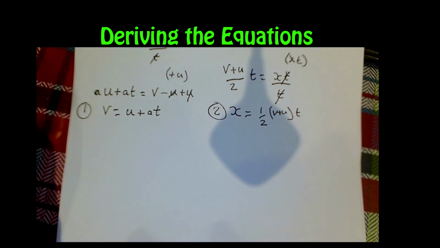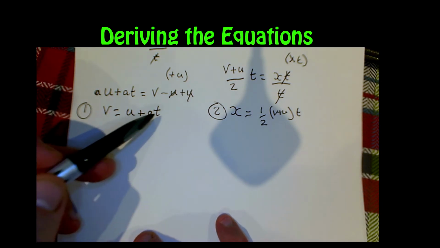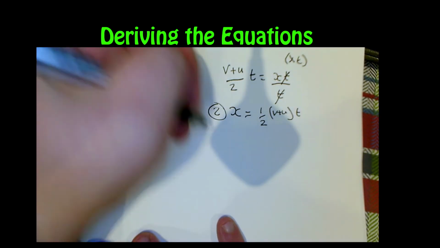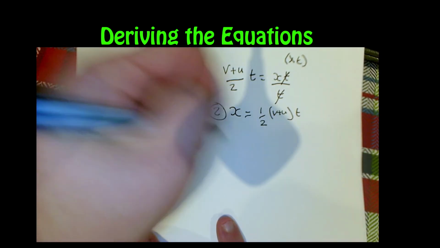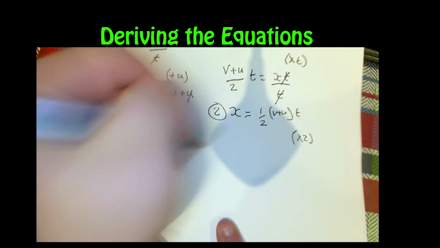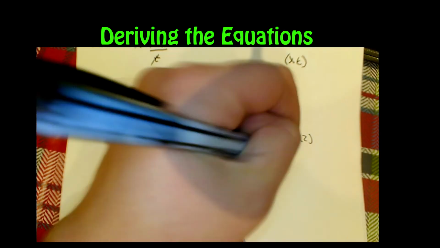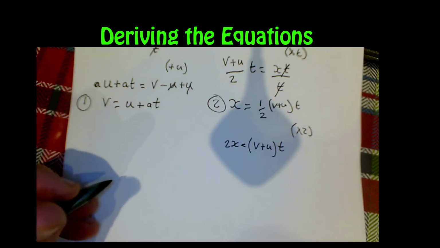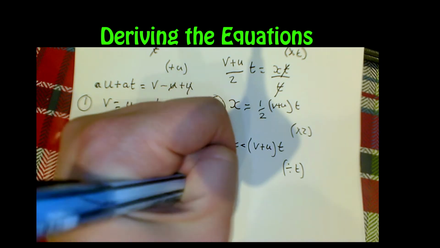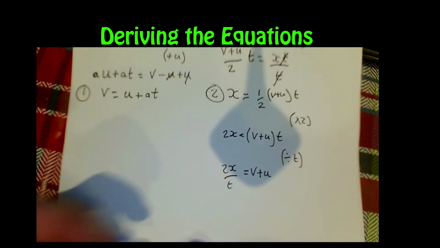Okay, our next one then. So if this is already v equals u plus at, let's make this equation go to v equals. So we will first times both sides by 2. So we get 2x equals (v plus u) times t. We will then divide by t, so we get 2x upon t equals v plus u.